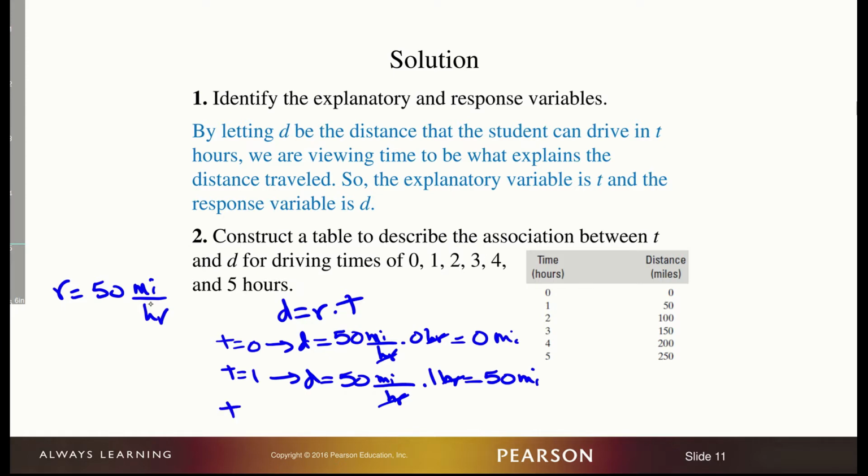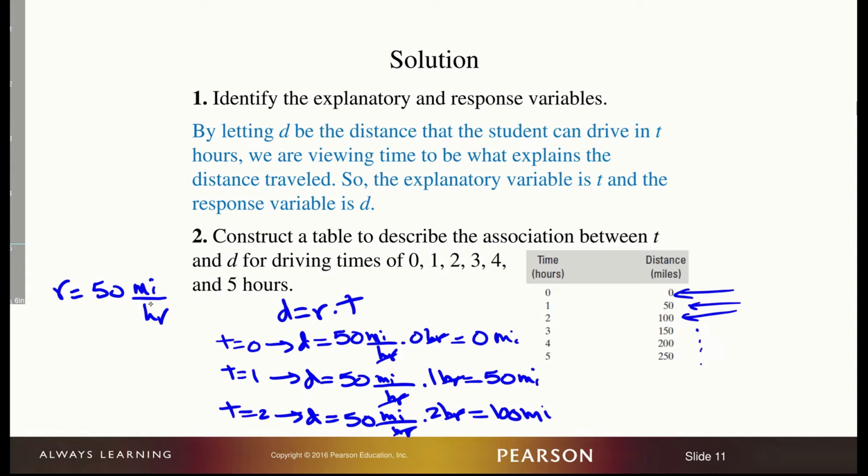If t equals 2, we get d equals, very similarly, that doesn't change because it's a fixed, constant speed, times 2 hours. Again, hours cancel out, we get 100 miles. So that's where these values are coming from, okay? And of course, this goes on until the very end of the table.